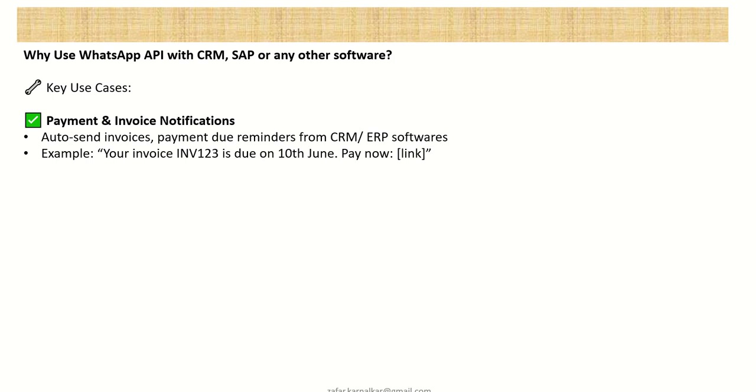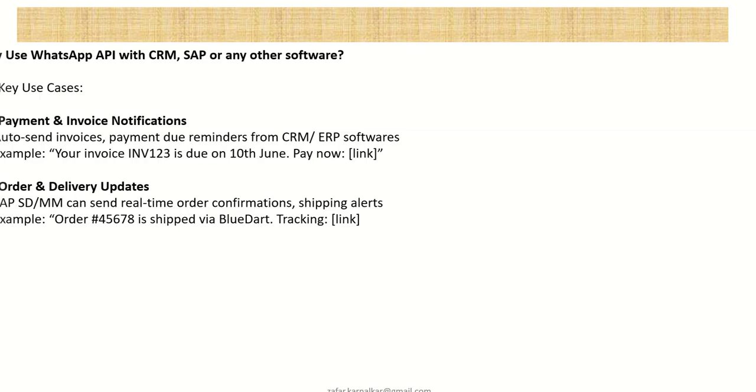As we know, WhatsApp read rates are very high compared to the earlier methods of sending email and SMS. So instead of sending the payment and invoice notifications via email, we can prefer the WhatsApp channel, like automatically sending invoices and payment due reminders from the CRM or ERP software. For example, "Your invoice number is due on 10 June, pay now," along with the pay now link. It is very easy for the customer: just open WhatsApp, see the details and navigate from there. This is a common use case in the industries.